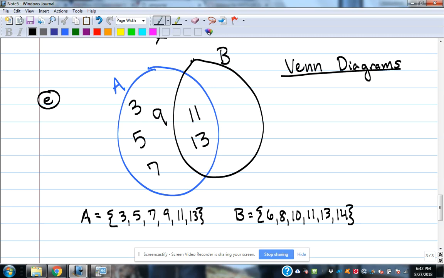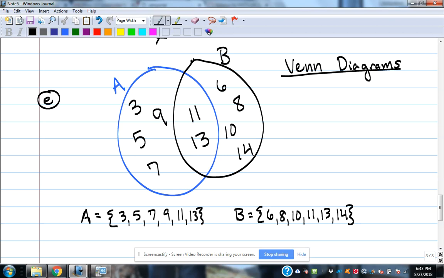We've already got 11 and 13, so what else goes there? 6, 8, 10. Where do they go, in the football area or the other area? The other. So we've got to make sure we put them in the right spot. So 6, 8, 10, and 14. Now we've filled out the Venn diagram correctly.